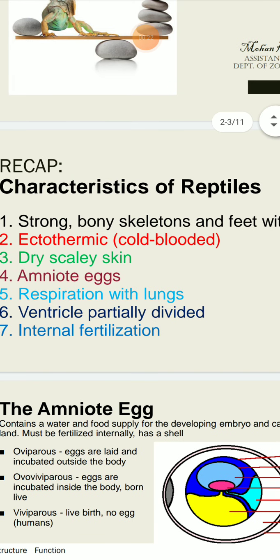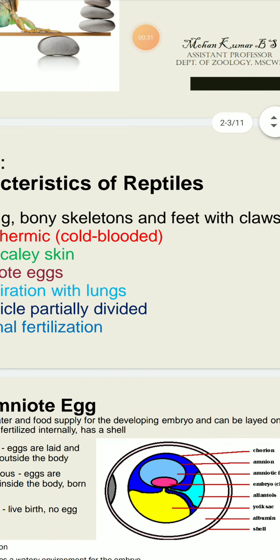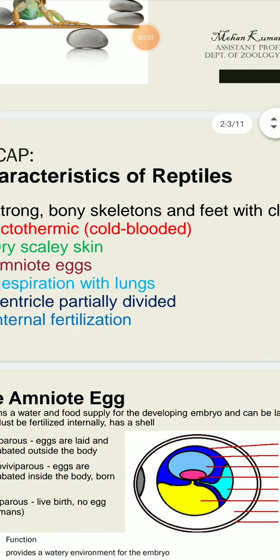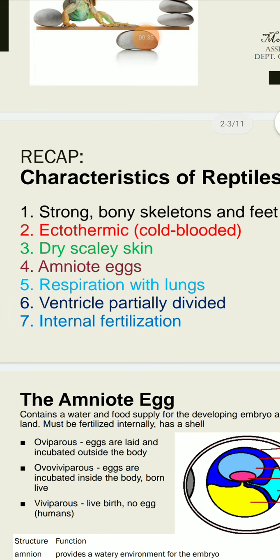Number one, they are strong, in comparison to amphibians. They have bony skeletons and their feet end with claws. Number two, they are cold-blooded, or ectothermic, or even poikilothermic animals, and they have a covering of dry scaly skin.